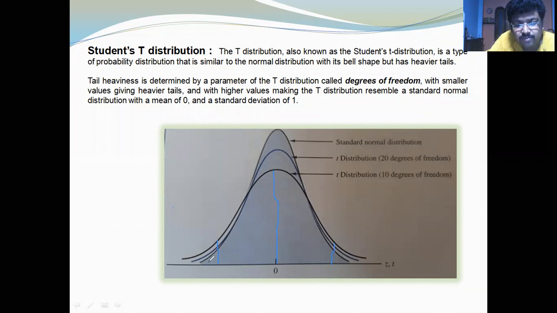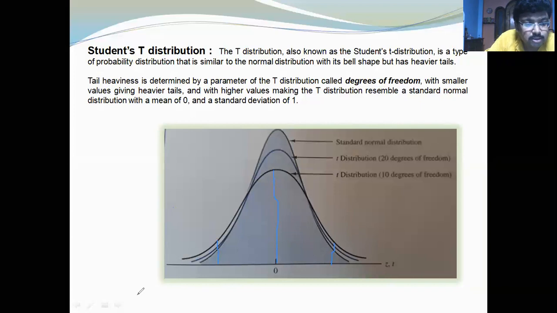I have mentioned that the values of sample mean differ from the population mean by 2.34 or less, and this portion represents the sample mean where the difference between the sample mean and population mean is more than 2.34.